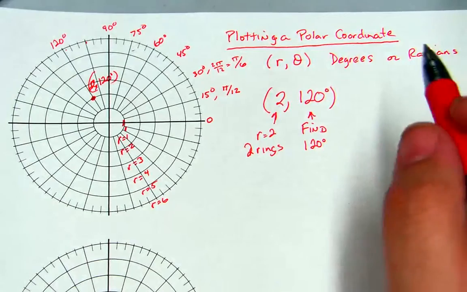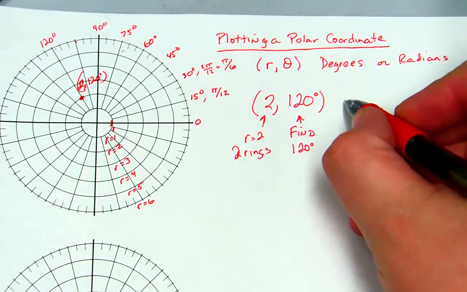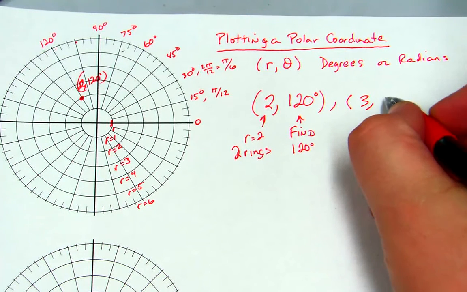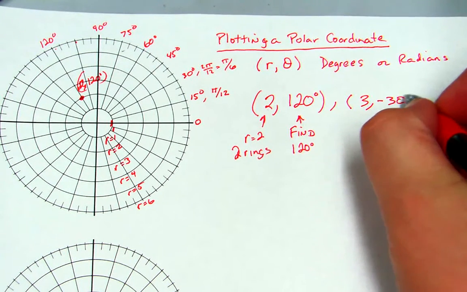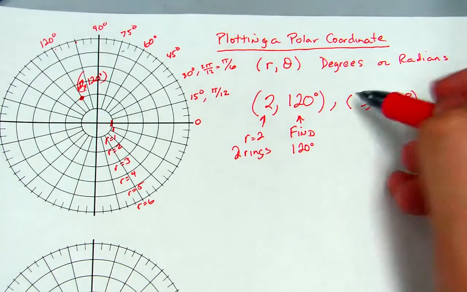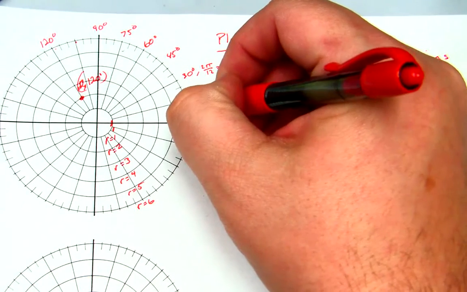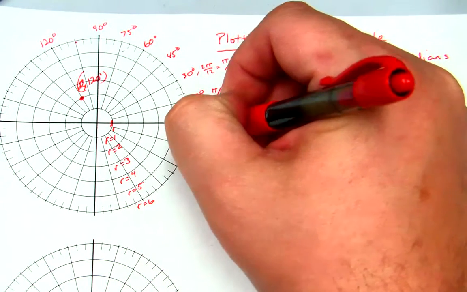Now, another point that you can think of, let's say you want 3, and then we want to go negative 30 degrees. Now, for the angles, the counterclockwise is positive, the clockwise is negative.